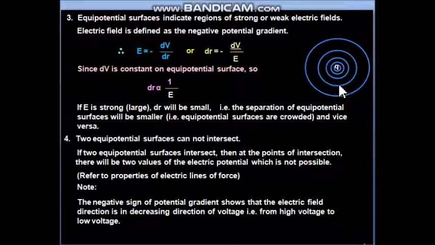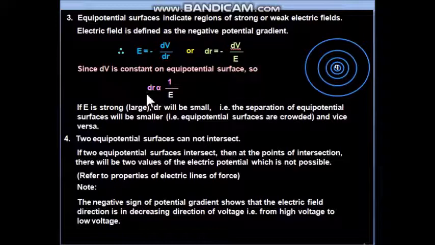Like if this EPS is of voltage value V1 and this EPS is of voltage value V2, then the voltage difference is represented by dV. With the help of this relation, we can say that dr is inversely proportional to electric field.